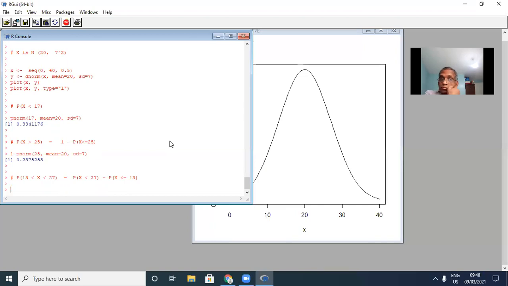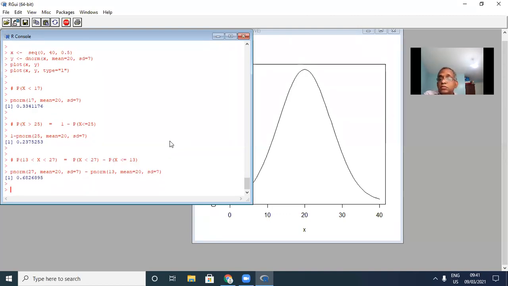Now you should do this in R. You can compute this like pnorm at 27, mean equal to 20, and standard deviation 7, minus pnorm at 13, mean equal to 20, and standard deviation 7. So this is what you get.